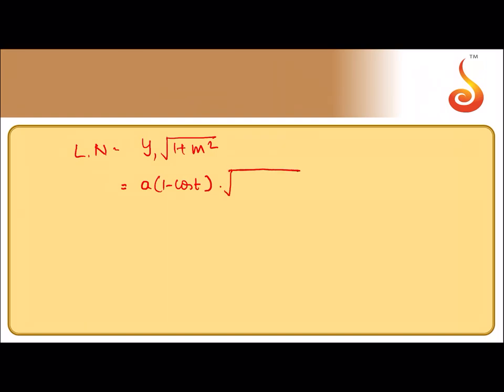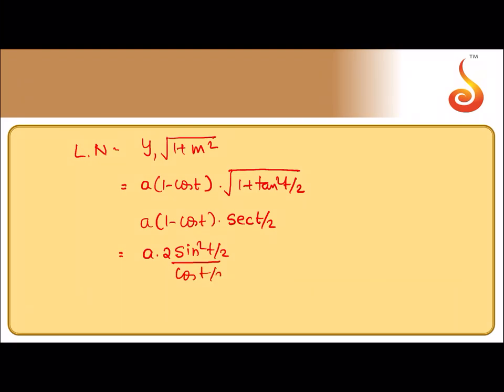Now we substitute this value. Length of normal is equal to y1 into under root of 1 plus m square. So what is y1 here? y1 is a into (1 minus cos t), into under root of 1 plus tan square t by 2.